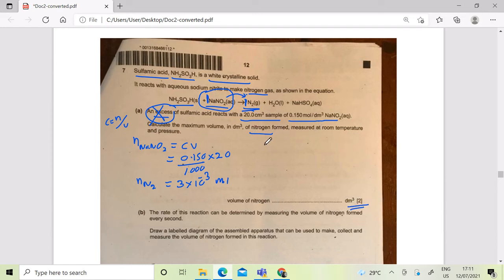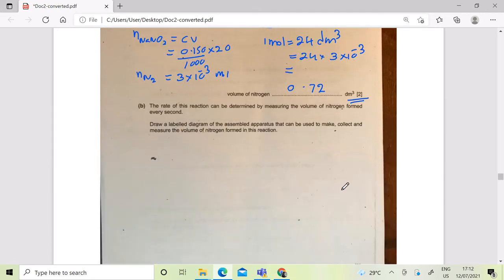You know 1 mole of any gas is 24 cubic decimeter. Therefore, 24 into 3 into 10 to the power minus 3, that is going to be the final answer, 0.72 cubic decimeter. They are not asking anything about significant figures. 2 decimal places would be enough.